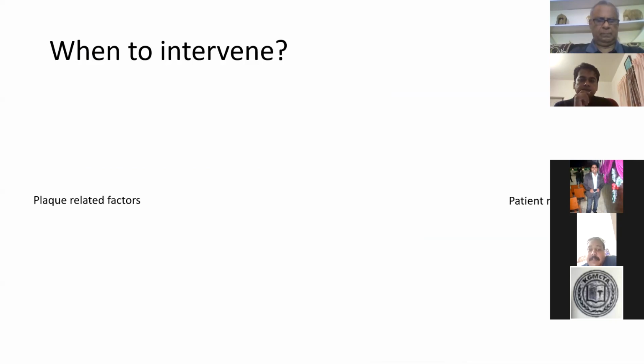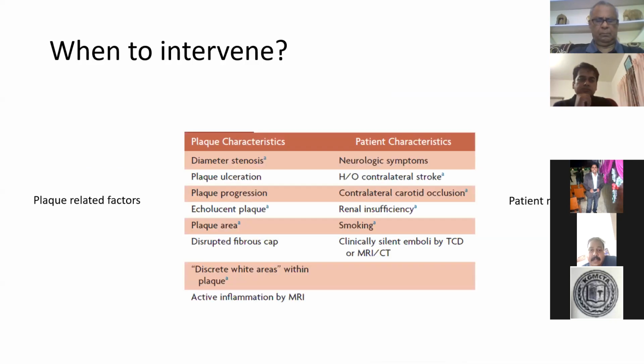So basically, to summarize, there are plaque-related factors and patient-related factors. The plaque-related factors we will get from all these above investigations, and basically the stenosis as well as ulceration, the progression of the plaque area, and also the patient-related factors.